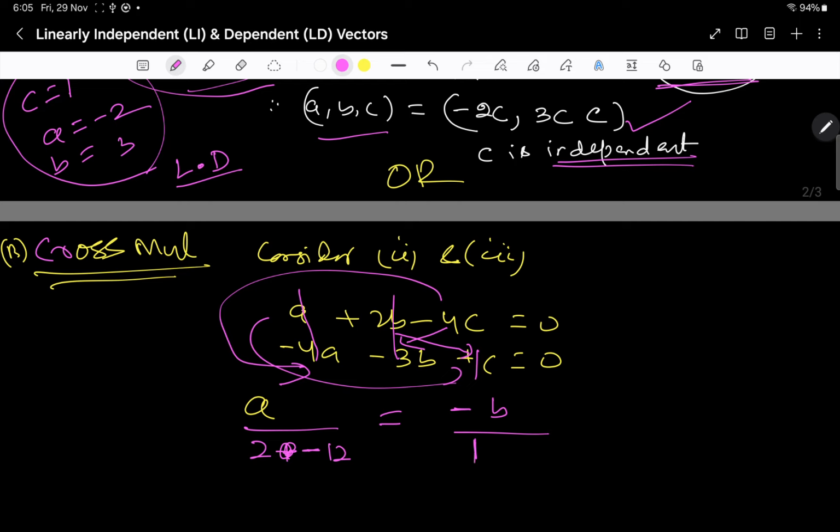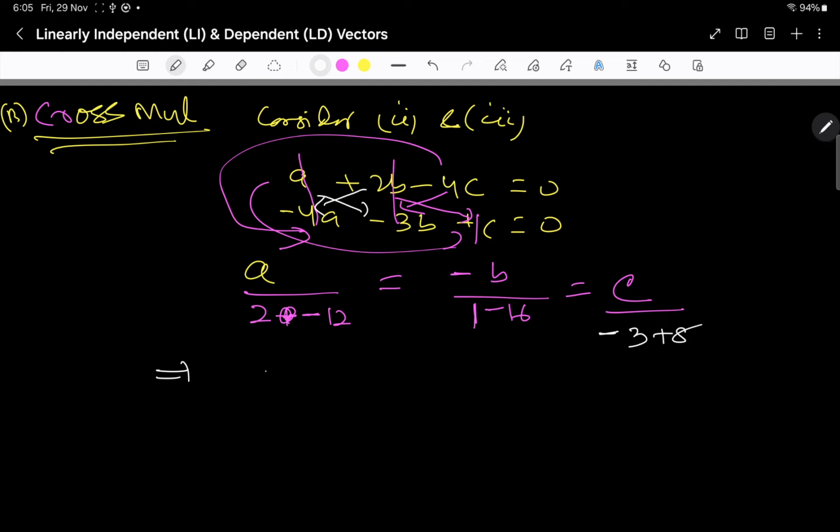Here 1 into 1 minus plus minus 16 is equal to c divided by, for c you have this and this, it is minus 3 minus plus 8.